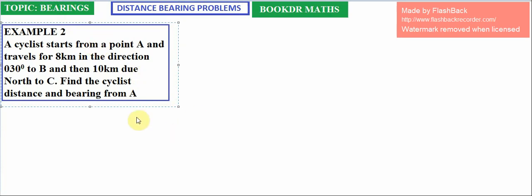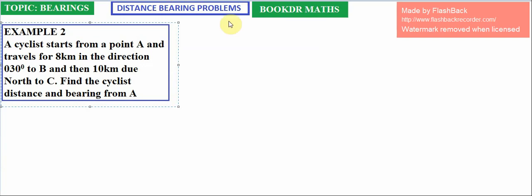A cyclist starts from a point A and travels for 8 kilometers in the direction of 030 degrees to B, and then 10 kilometers due north to C. Find the cyclist's distance and bearing from A, its original position.